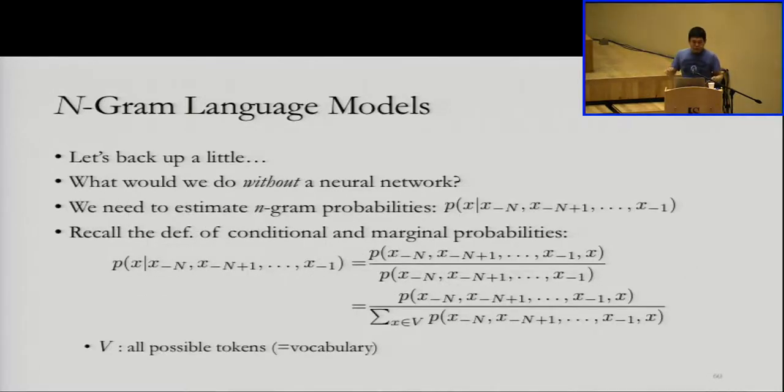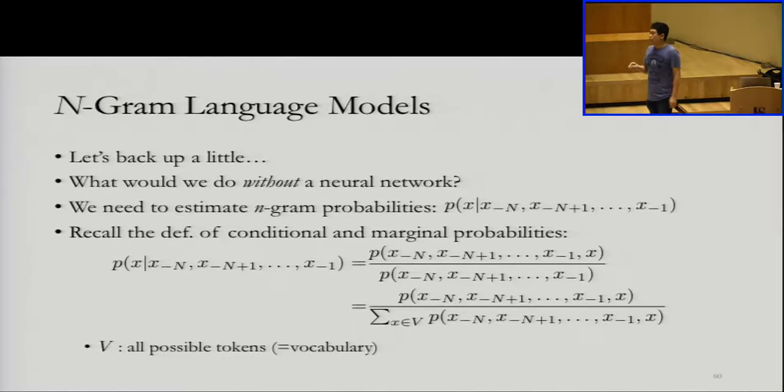But then, once we do that, we need to estimate n-gram probabilities. So given the n-1 previous tokens, what is the probability of the next token? Or what is the distribution over the next token? If you recall the definitions of the conditional and marginal probabilities, we can rewrite this conditional probability as the joint probability over the n, or n plus 1, consecutive tokens, over the joint probability of the context, so the conditioning tokens only.